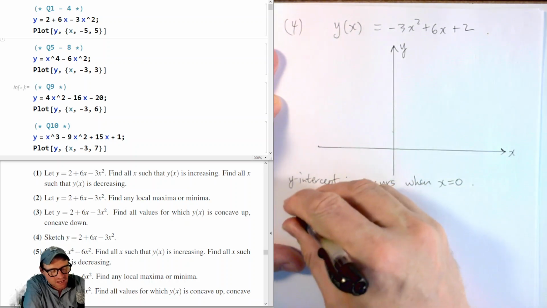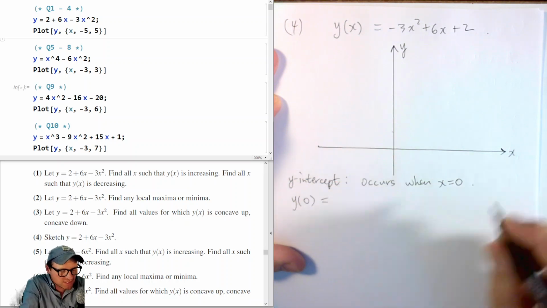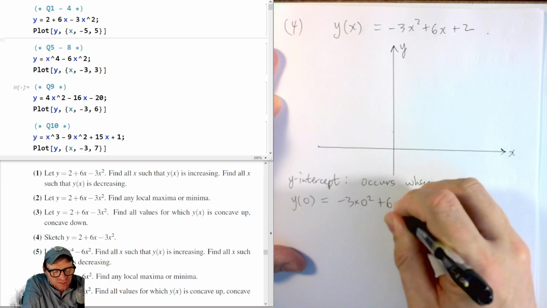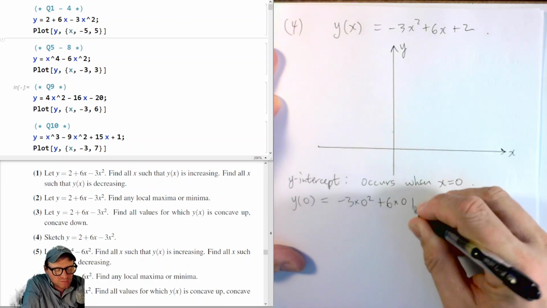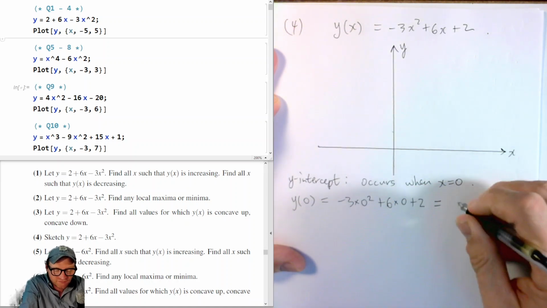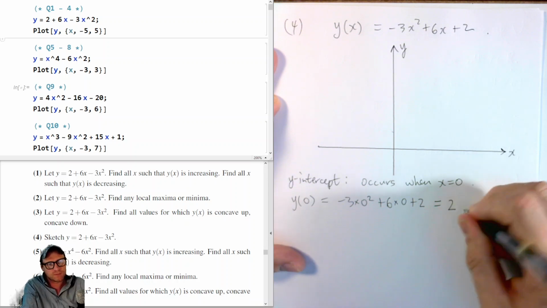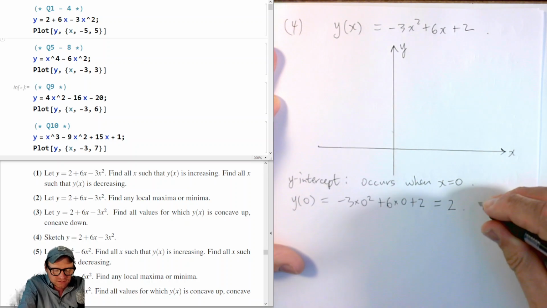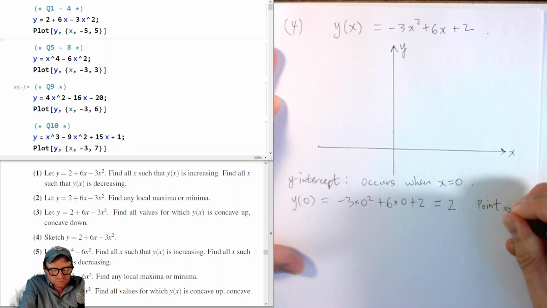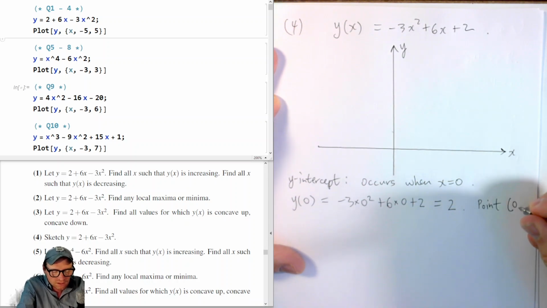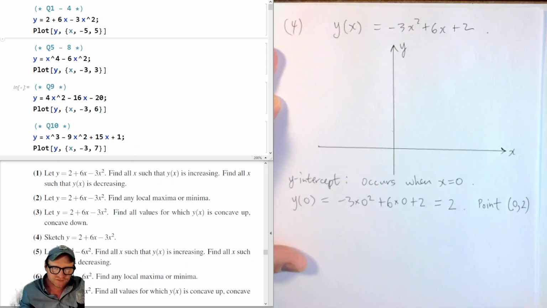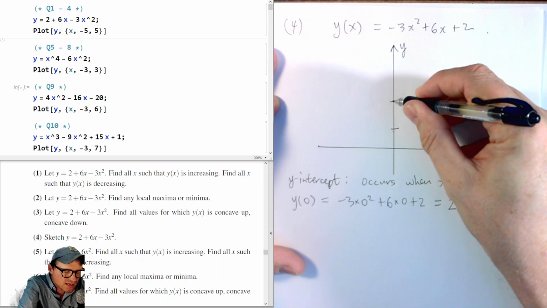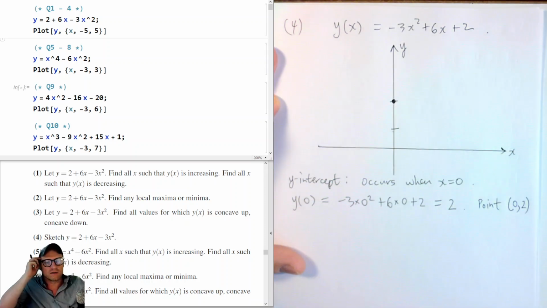All right, so then y of 0 is equal to minus 3 times 0 squared plus 6 times 0 plus 2, which is obviously just 2. Okay, so this gives us a point. It's the point 0, 2. So let's find that point. If I say 1's there and 2's there, okay, so we have this point there.